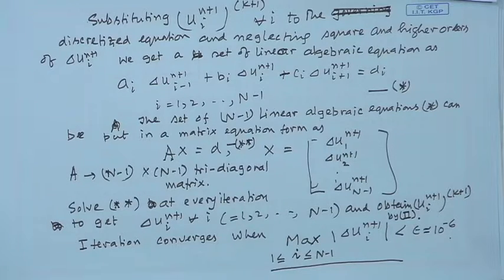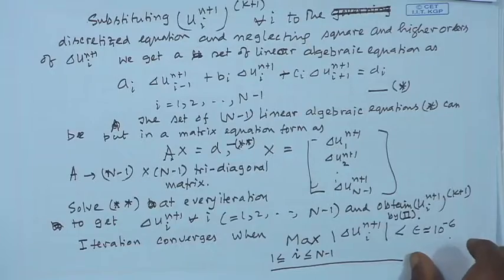Now, whenever a process is repeated a few number of times, a complication arises as to whether the scheme is stable.